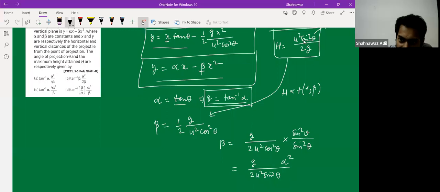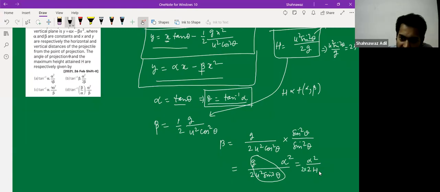And you calculate u square sine square theta by g. So u square sine square theta by g is what? It is 2h, right? Okay. Any doubt? No, sir. So this will be alpha square by 2h.